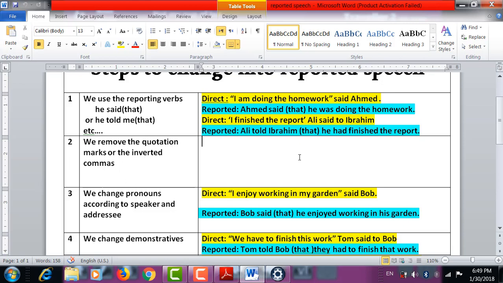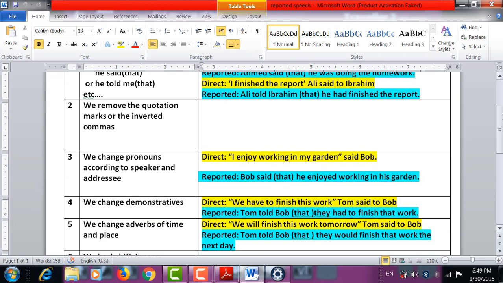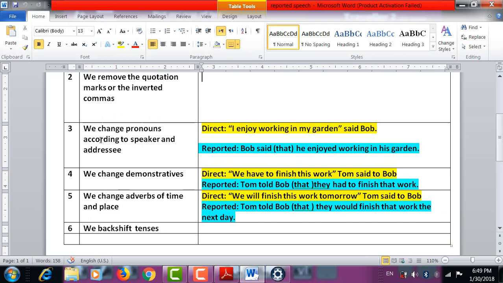The third step is to change the pronouns according to the meaning, according to the speaker and the addressee. We have the direct sentence here: "I enjoy working in my garden," said Bob. So we say Bob said, and we remove the quotation marks. This is the second step. And the third step is to change the pronouns.